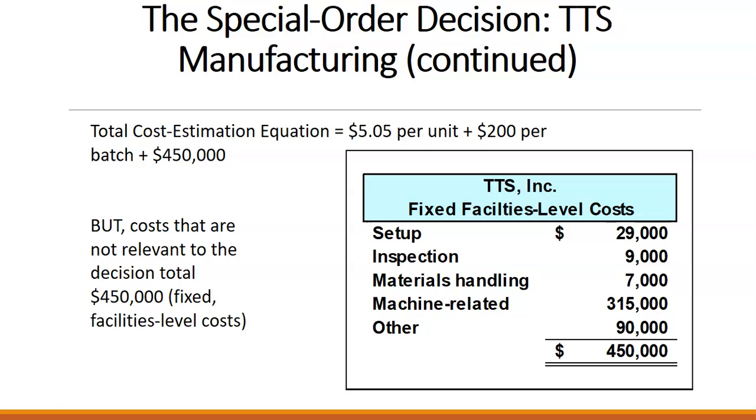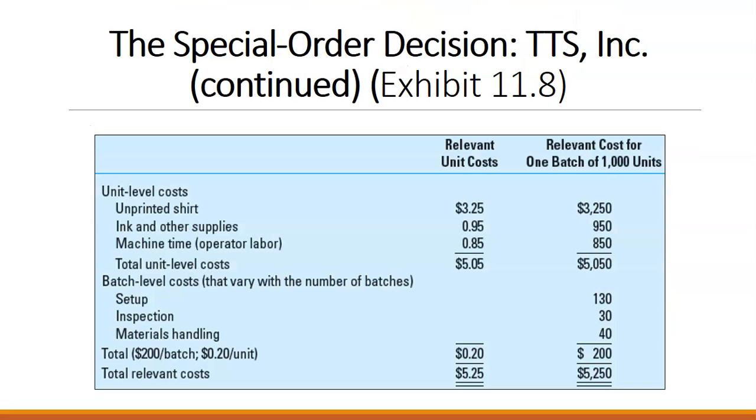The costs that are not relevant to our decision is the $450,000 in fixed costs. We have to pay that $450,000 in fixed facilities level costs regardless of whether or not we take the special order. So what is relevant are the variable costs of the order and the batch level costs for the order.